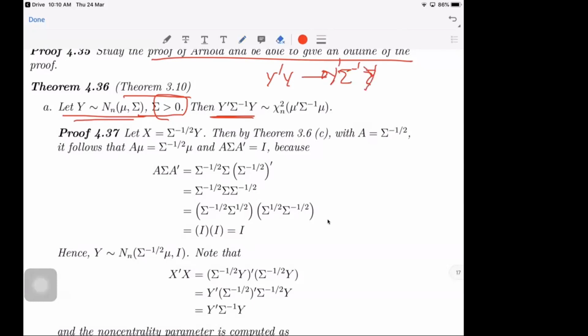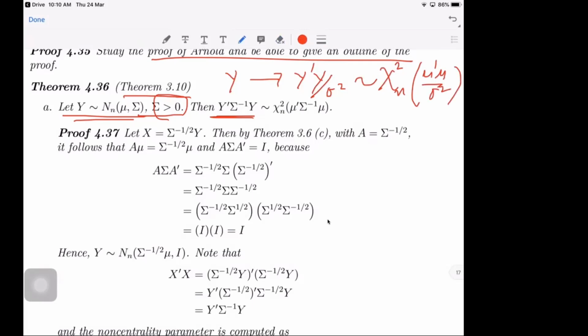What will be the distribution of that? If you have y prime y divided by sigma squared, a constant, this is chi-square with non-centrality parameter mu prime mu over sigma squared. So what happens to y prime sigma inverse y, which is equivalently like y prime y over sigma?